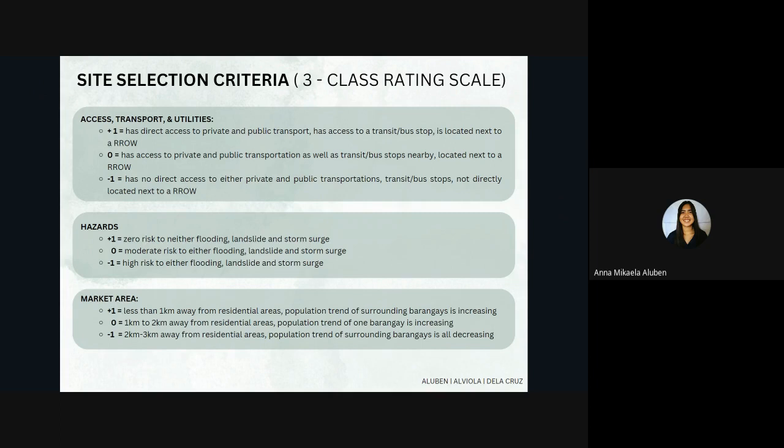For market area, we give 1 point for less than 1 kilometer away from residential areas with population trends of surrounding barangays increasing. 0 points to those with 1 to 2 kilometers away from residential areas with a population trend of one barangay only, just increasing. Meanwhile, -1 point is given to those with decreasing barangay populations.